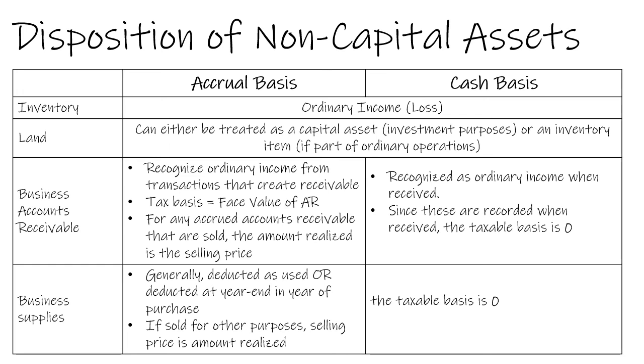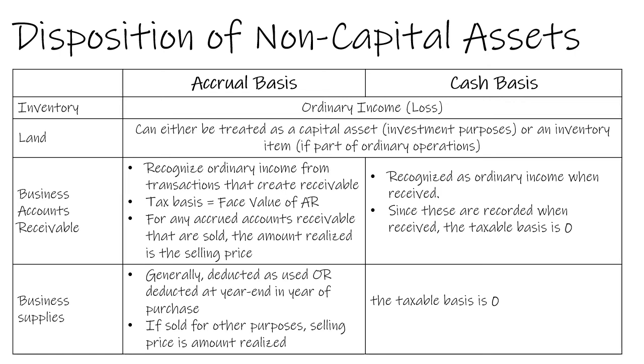Business accounts receivable have a tax basis of their face value if the firm uses accrual accounting, and a face value of 0 if the firm uses cash basis accounting. The gain realized is whatever the accounts receivable are sold at.